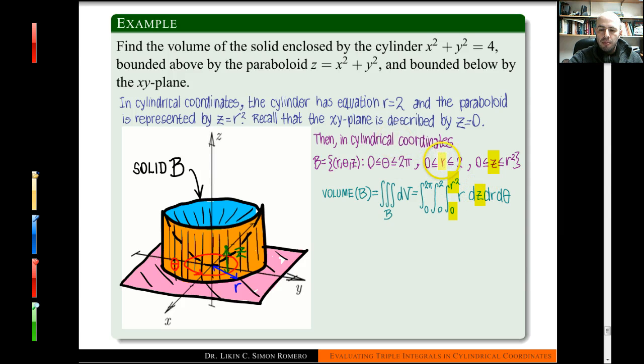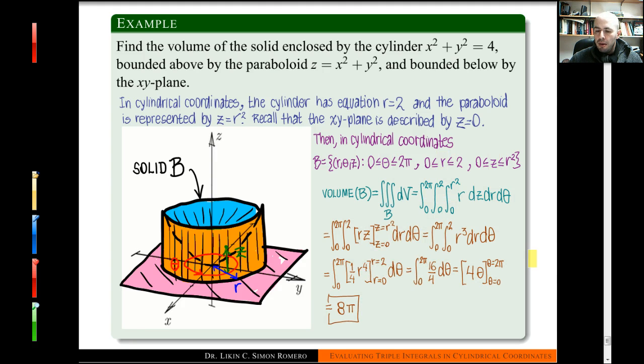Let's say we integrate first with respect to r, so we go from 0 to 2, and then we integrate with respect to theta, and theta will go from 0 to 2 pi. Notice that here we have this extra r, and this extra r is given by the change of variables from x, y, and z to r, theta, z. So now we just do the evaluation. I'm not going to talk a lot about this, but at the end we end up that the answer is 8 pi.